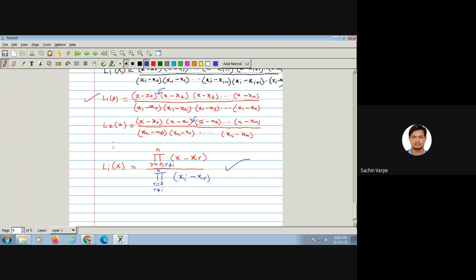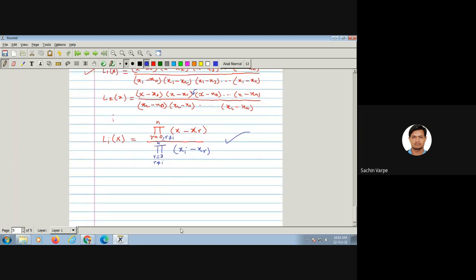Right? This is Lagrange. So we define Pn of x. Therefore, Pn of x will be the polynomial approximation now. Pn of x is equal to the summation of yi Li of x, where i varies from 0 to n.